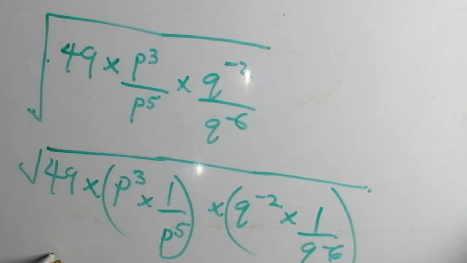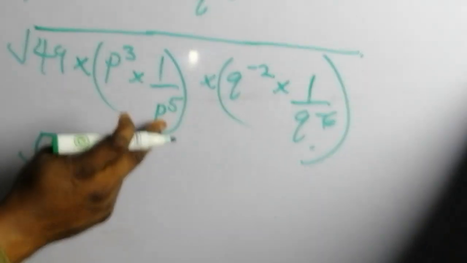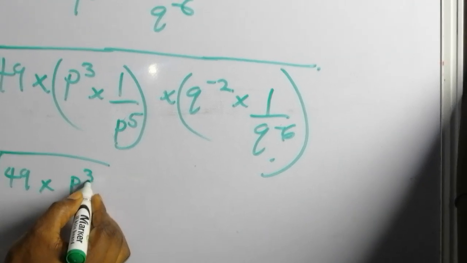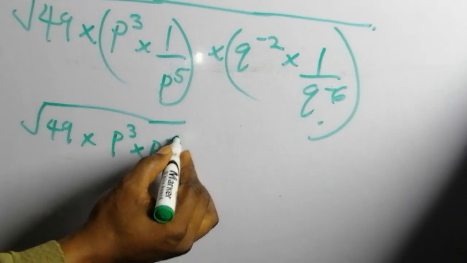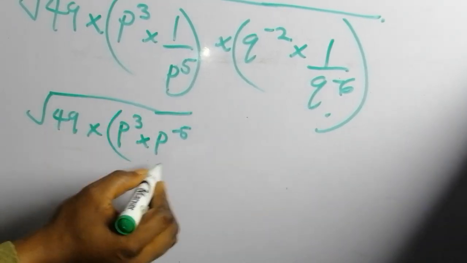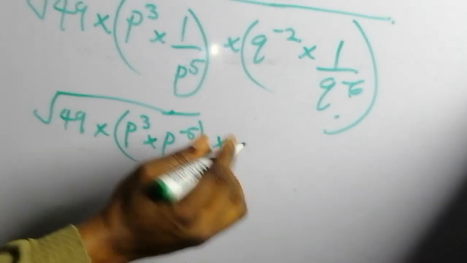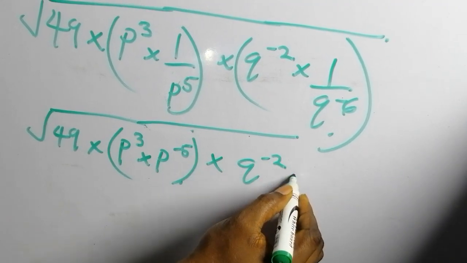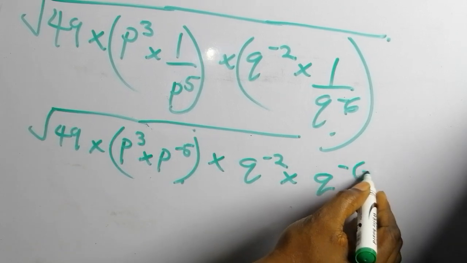So that's root 49 times p raised to the power 3 times p raised to the power minus 5, because it's coming up. The same thing applies here: q raised to the power minus 2 times q raised to the power minus 6.